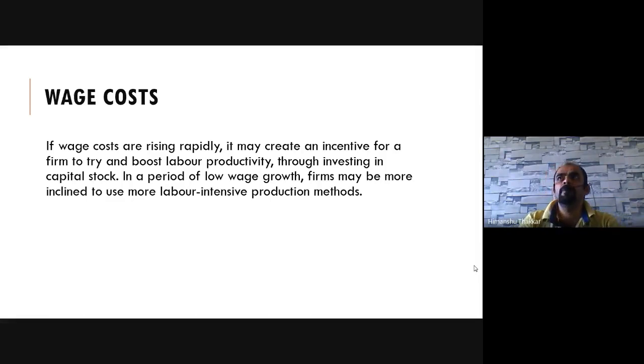If the wage rates are low, then it is better to go with the labor intensive production method that does not encourage investment. But when you have high wage rates, then it leads to buying new machinery that will lead to opportunities of investment into a business.